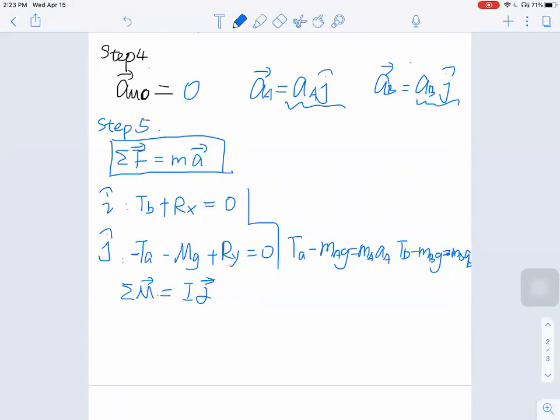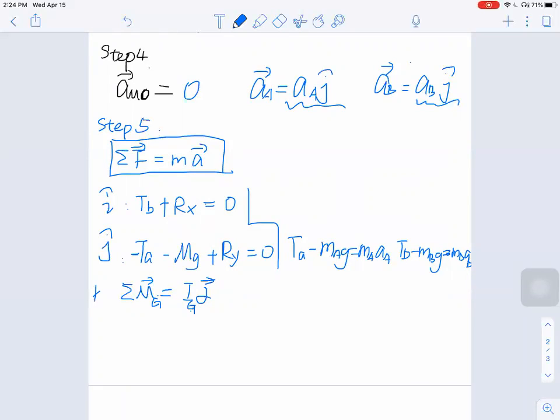So in that case, you need to pick the center of mass. The corresponding I should be this, the moment of inertia about the center of mass. And like I said, before you use this equation, find which point you're going to find moment about, and also find what is the positive direction.